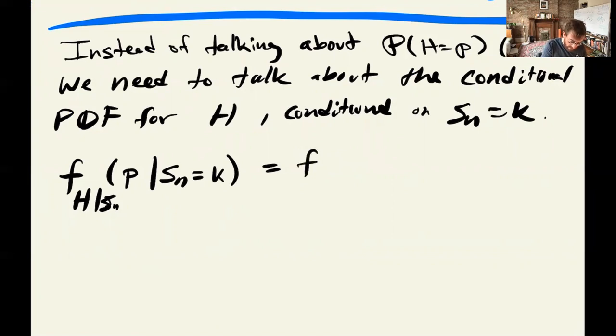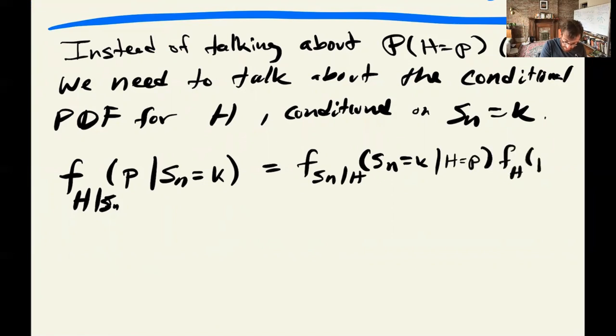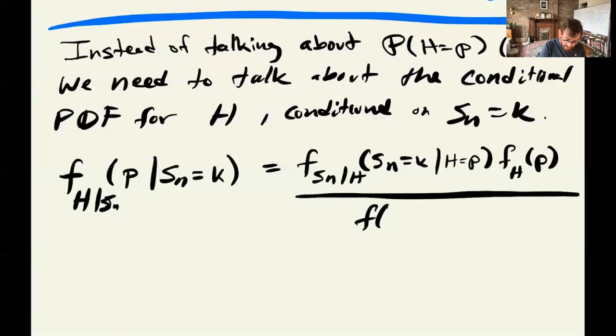So this is the probability of Sn given h. It's the probability that Sn equals k conditioned on h equals p, times the PDF for h before we know anything, and then divided by f of Sn equals k.